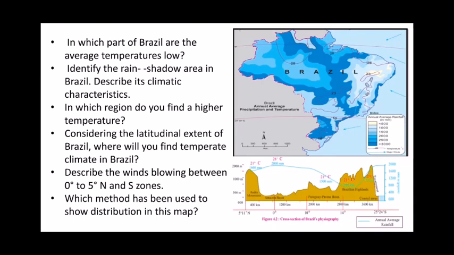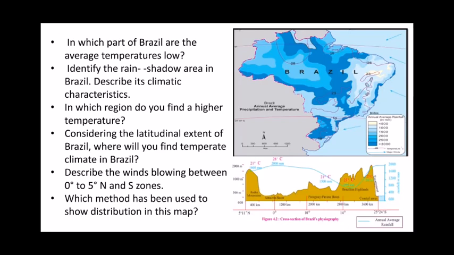Next question. Describe the winds blowing between 0 degree to 5 degree north and south zones. The winds blowing between 0 degree and 5 degree north and south zones move in the vertical direction, leading to the convectional type of rain. This type of rain occurs mainly at the places near the equator due to the high heat.